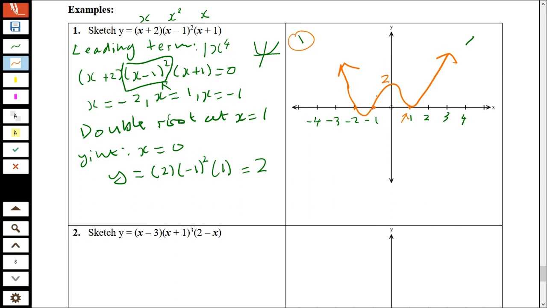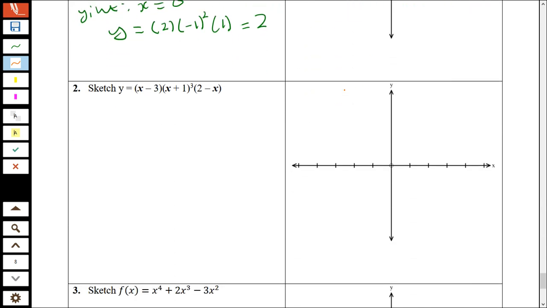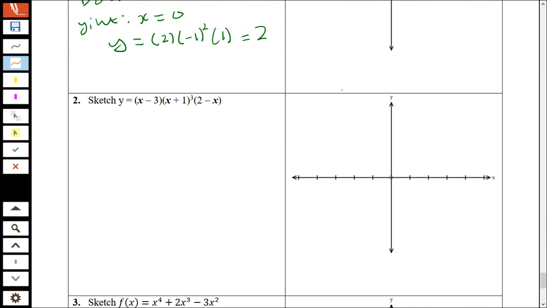Okay, let's have a look at the next one, triple root. So straight away though, I'm just going to look at the leading term. So you've got x there, you've got x cubed there because of that 3, and then you've got minus x here.